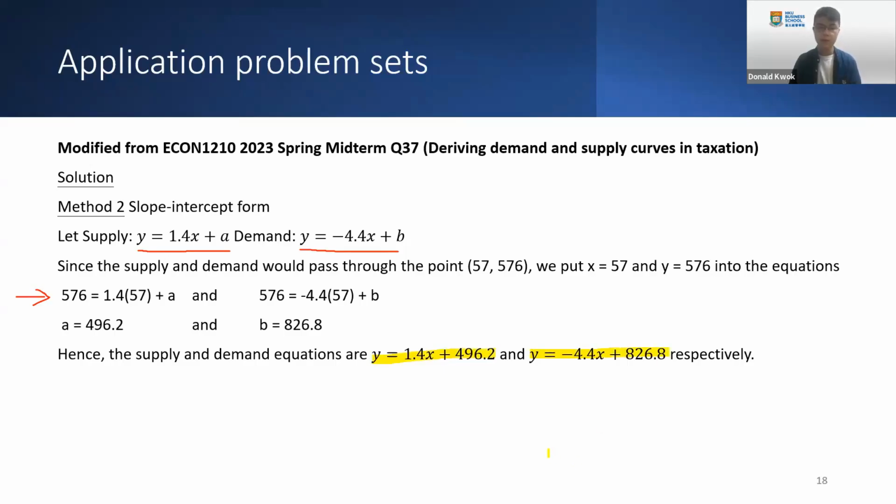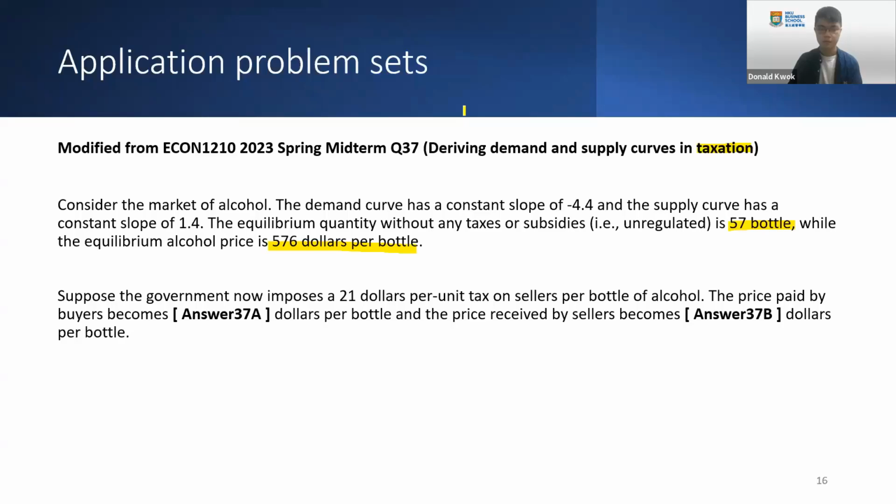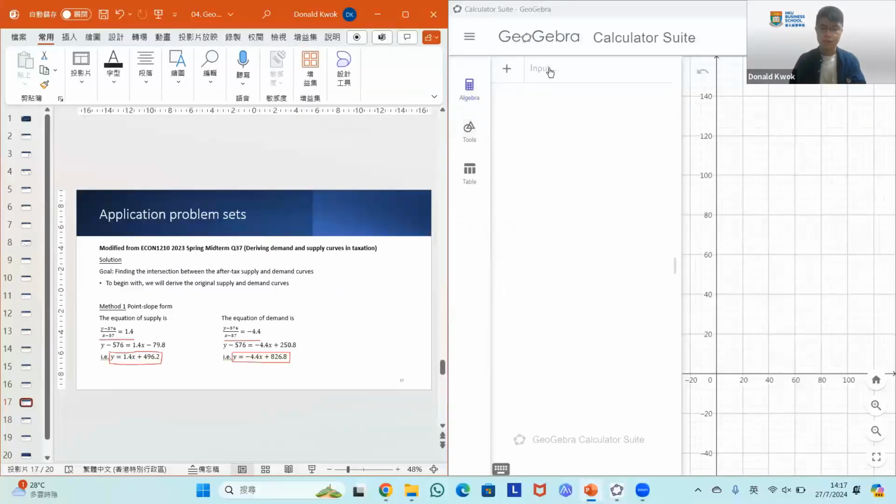After deriving them, they will be useful for our further analysis, so I would like to take this opportunity to demonstrate the calculation in GeoGebra. Let's start by plugging in the equations of supply and demand first.